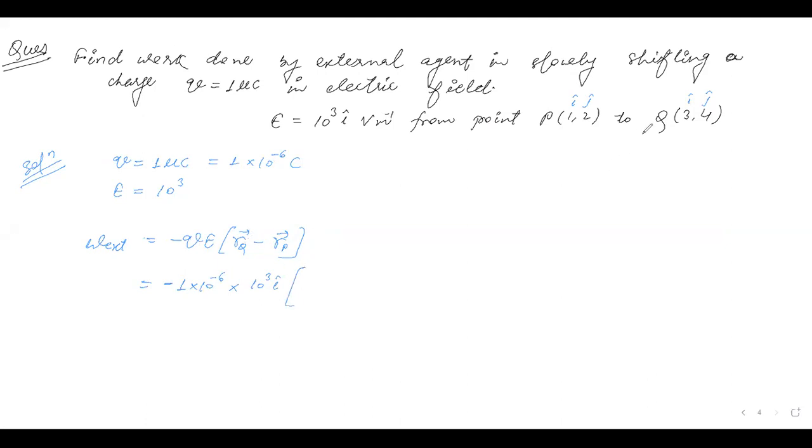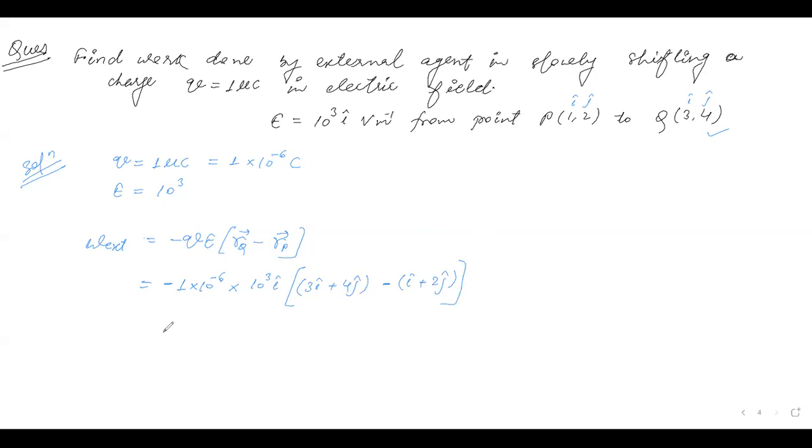RQ can be written as 3I plus 4J, because both of the values are given in positive terms. 3I plus 4J minus what is your RP? RP can be written as I plus 2J.